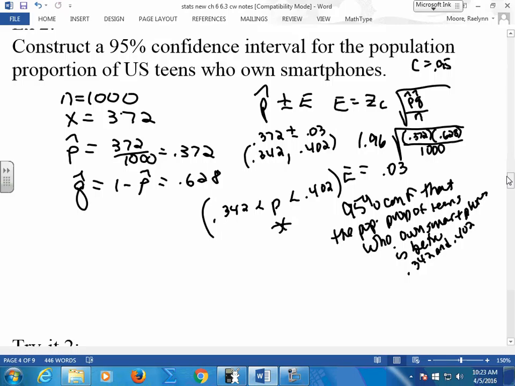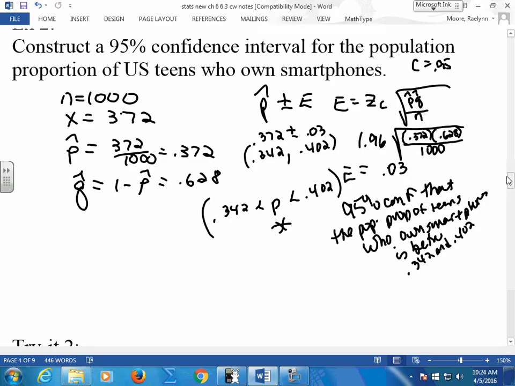Now, those 1,000 teenagers should represent my population proportion. So I should say out of all the U.S. teens, 37.2% own a smartphone. Now, that means I have to hit 37.2 right on the nose. So instead, I play with a little wiggle room. I say, okay, give me a little plus or minus here.